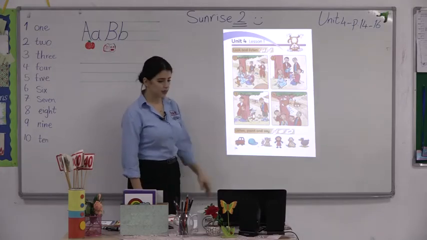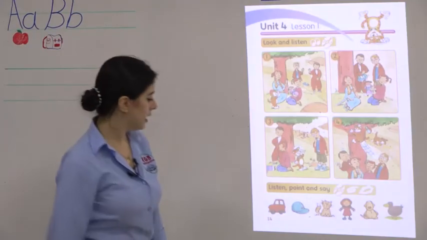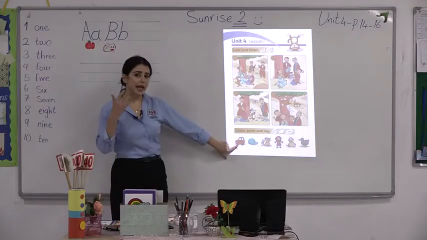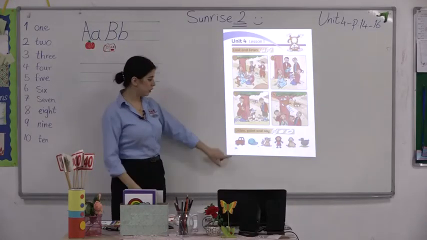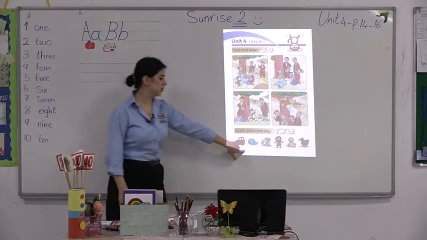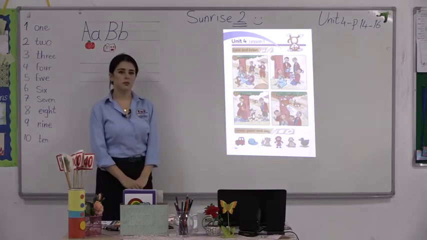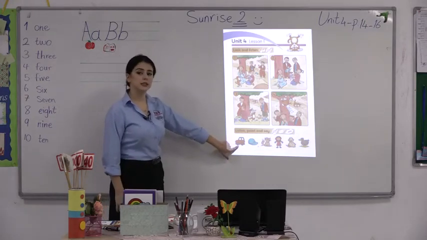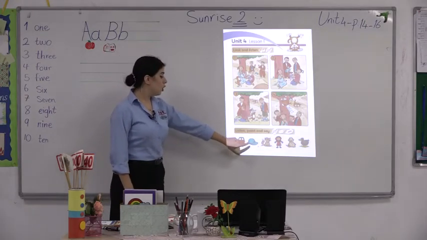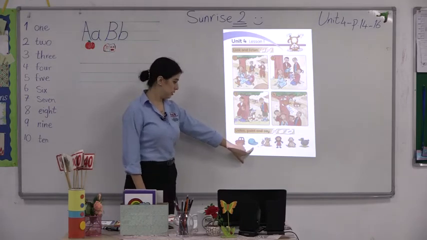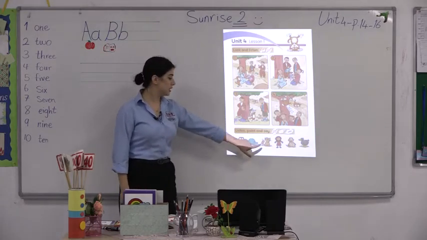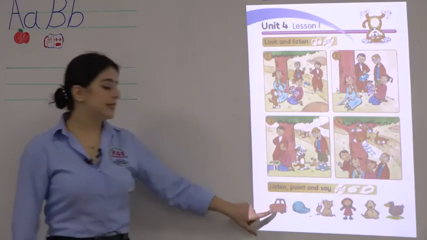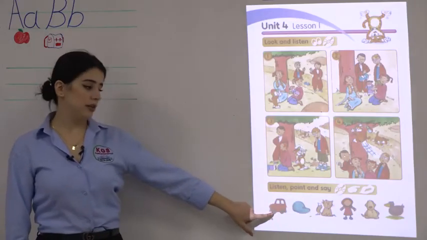Now, look at these pictures. Tell me, what is this? What can you see? I want you to look at the pictures here. What is this? And what is this? It is a car.